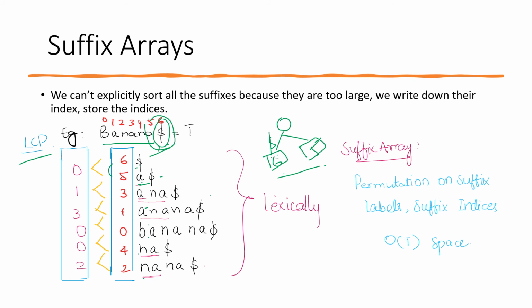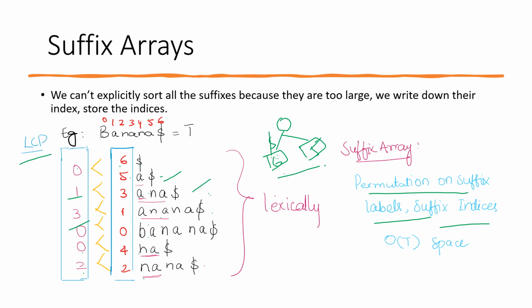Since there is no common prefix at the starting one, it's 0. For the next two, there is a common prefix A, so one common character, so I write 1. For the next, 3 and 1, there's ANA and ANA, 3 common characters, so I write 3. Similarly, it's 0, 0, 2. So a suffix array is nothing but a permutation of the suffix labels or suffix indices. This is one of the permutations.